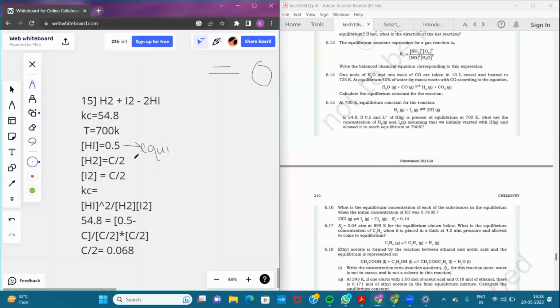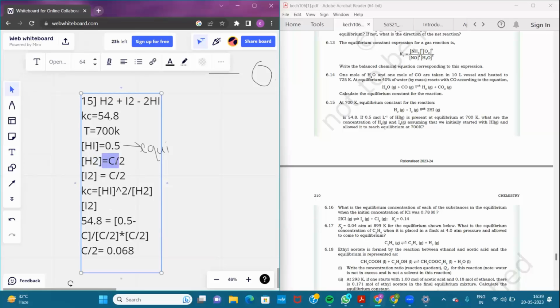So it's not required to take into account the concentration of the amount reacted in the reaction. So we'll eliminate these terms. C by 2 is also not required here. Sorry for that. Remove this as well. C is enough here, and here also C is enough. In the calculation, 0.5 minus C is not at all required, so I'm removing that.